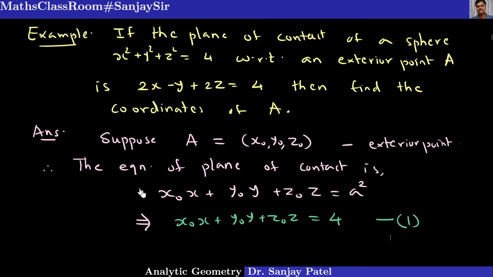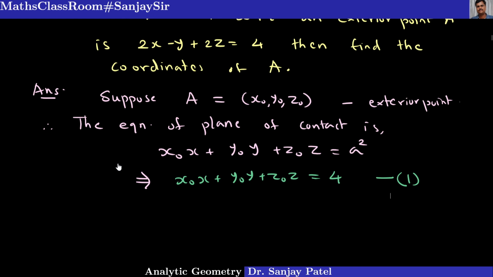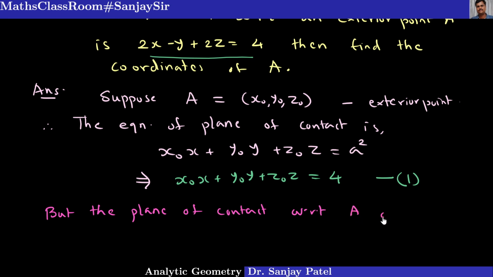Okay, but we are given that the plane of contact with respect to A of the sphere S is 2x minus y plus 2z is equal to 4.